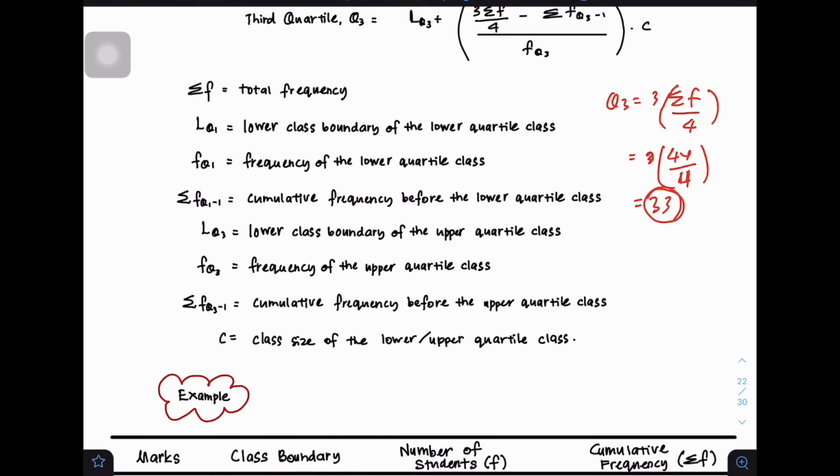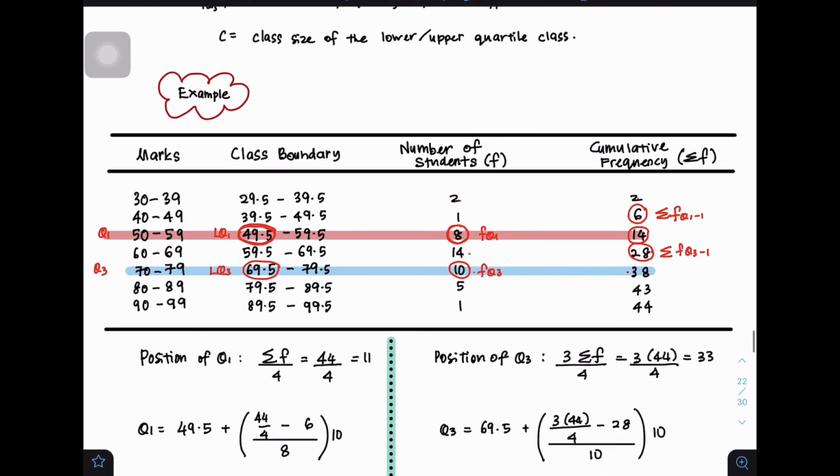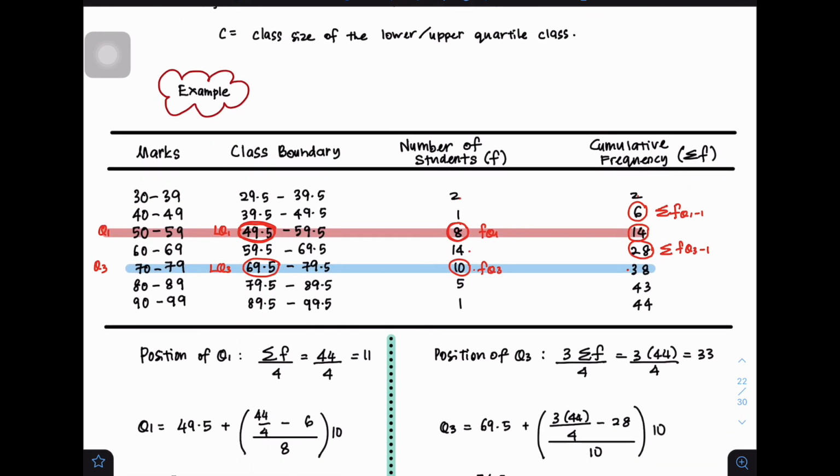Maksudnya quartile yang ketiga berada pada data ke-33. So kena tengok data ke-33 dekat mana. So ini kita ada data sampai 38. Maksudnya data 33 ada dalam ni. So warna biru ni kita panggil dia sebagai upper quartile class, kelas untuk upper quartile.